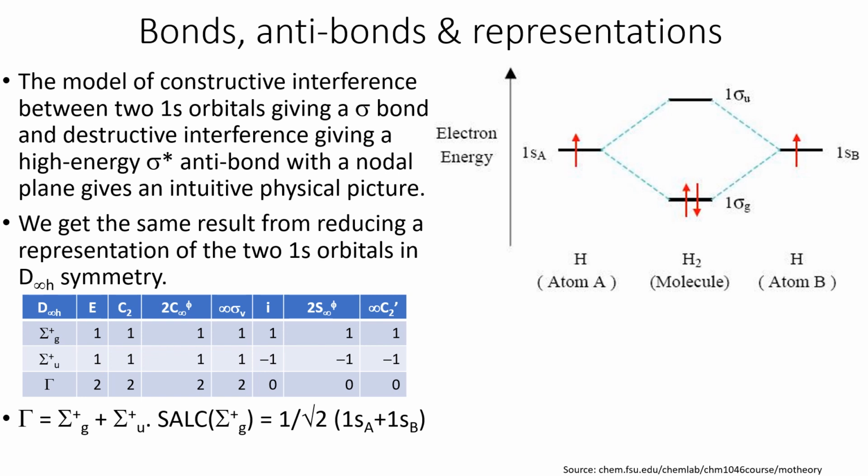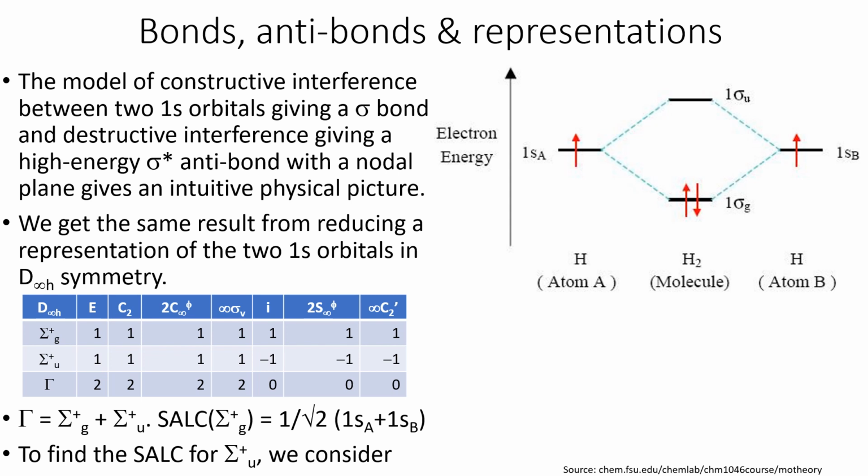And it's kind of obvious really what the SALC is going to be for the antibonding orbital, but if you want to go through with it, you can simply do the same thing we did before, where you project the irrep onto one of the orbitals and construct the symmetry adapted linear combination.